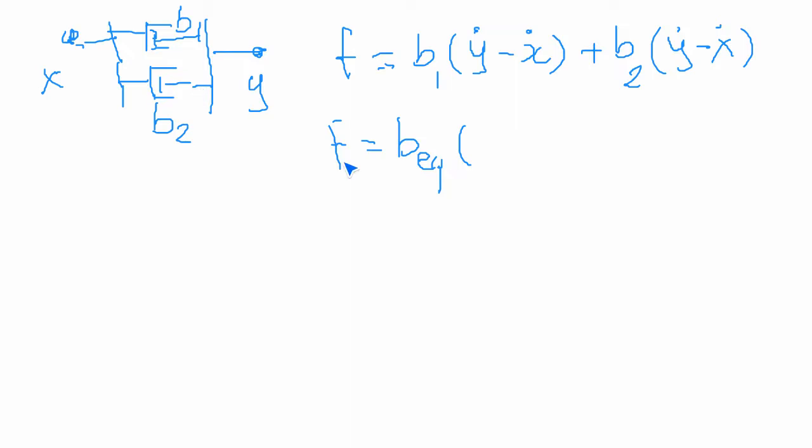In that case, what is the equivalent? Since this position is X and this position is Y, between those Y and X is affecting, Y is output, so output dot Y dot minus X dot.